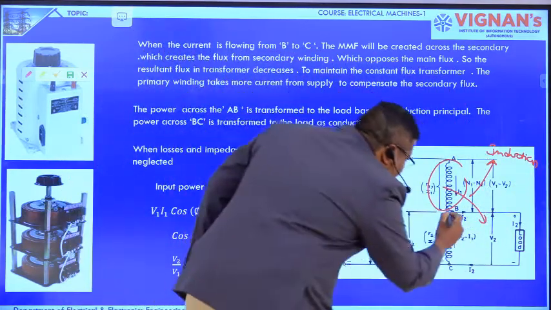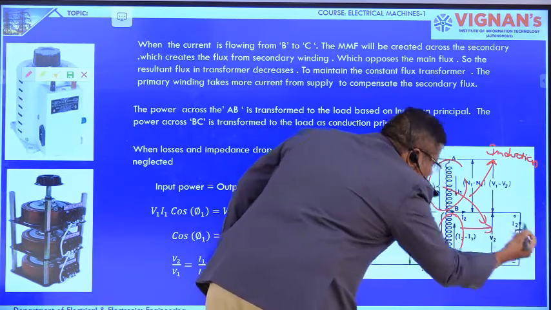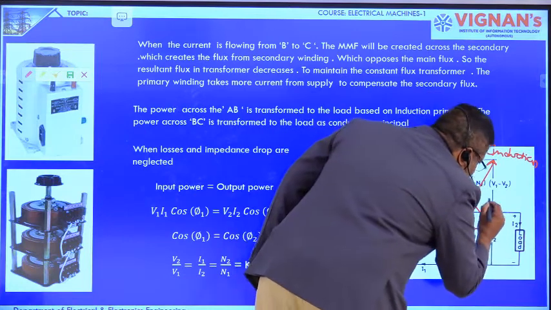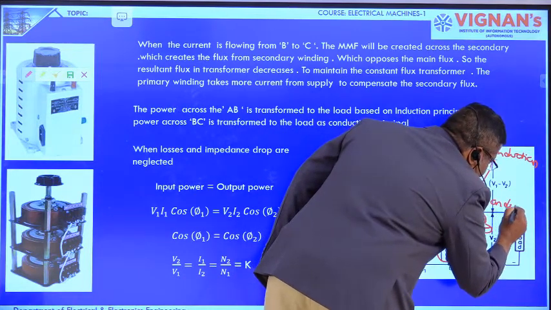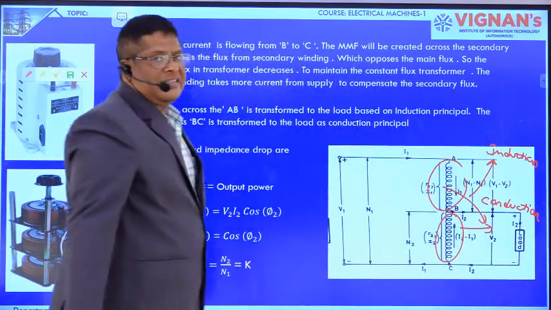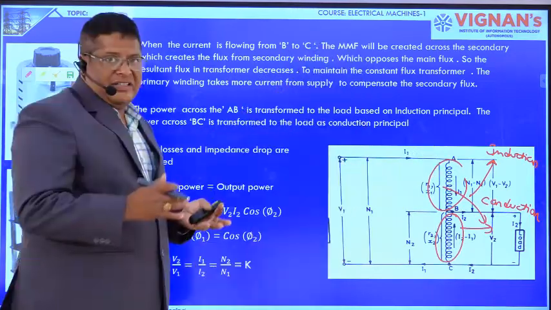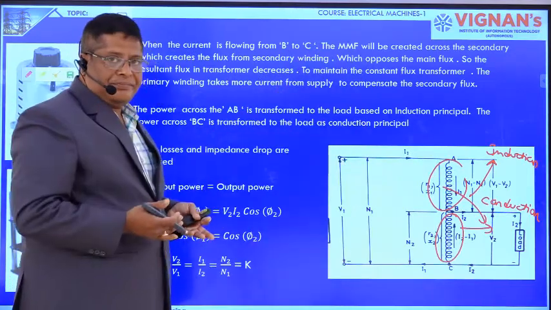What is the power available across the BC? This will be transferred to the load due to conduction, as the current is flowing from B to C.